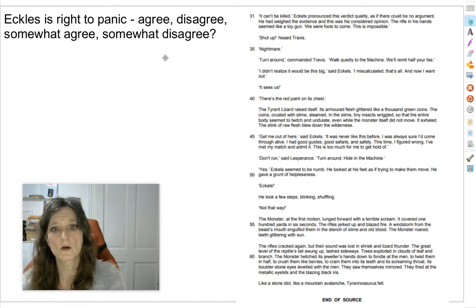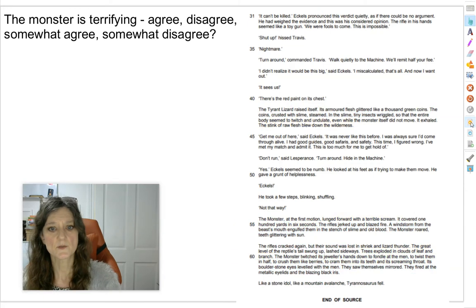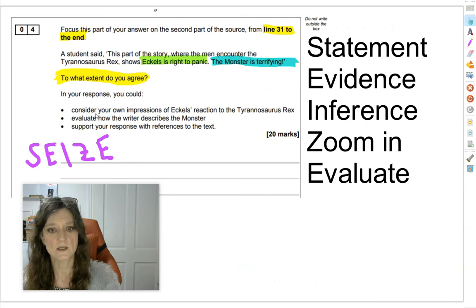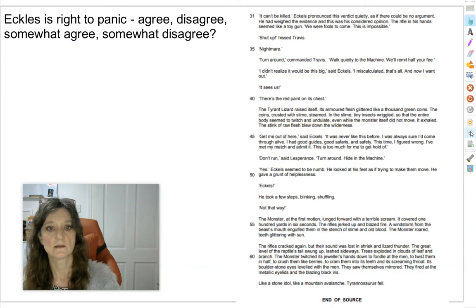Do you somewhat agree or do you disagree that he's wrong to panic? Have a look and see what you can think. And remember that first bullet point from the question. Consider your own impressions of Eccles' reaction to the Tyrannosaurus Rex. So that's what we're looking at. Does he panic? To what extent does he panic? Pause it, have a little read through and an annotate.